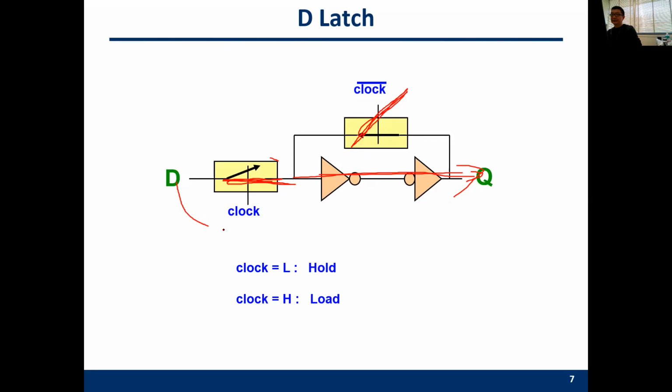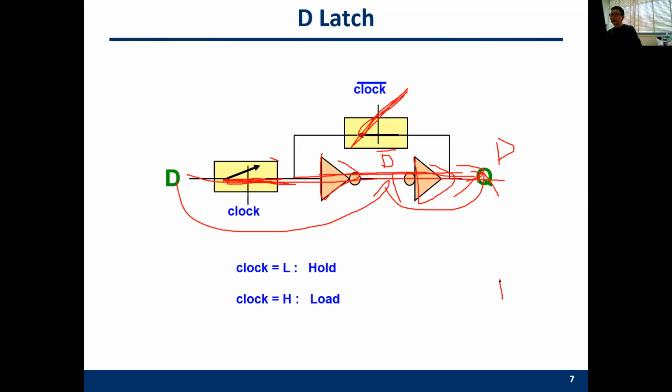And then this D can be stored here, and can also be passed to here too, because here is combinational logic. We only have two inverters here. Because this is an inverter, we actually stored a D bar here, but a D here.